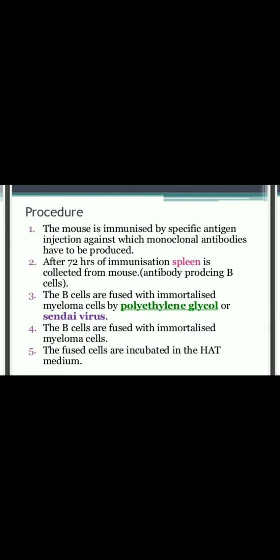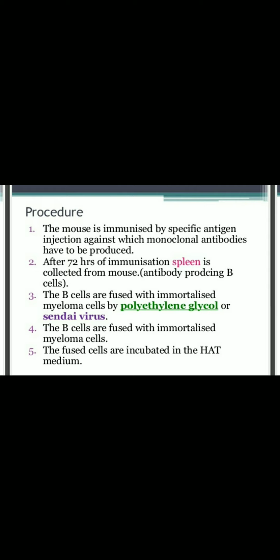When we introduce the antigen, the immune system of the mouse produces the antibody. After 72 hours of immunization, the spleen is collected from the mouse, because the spleen contains the antibody-producing B cells.